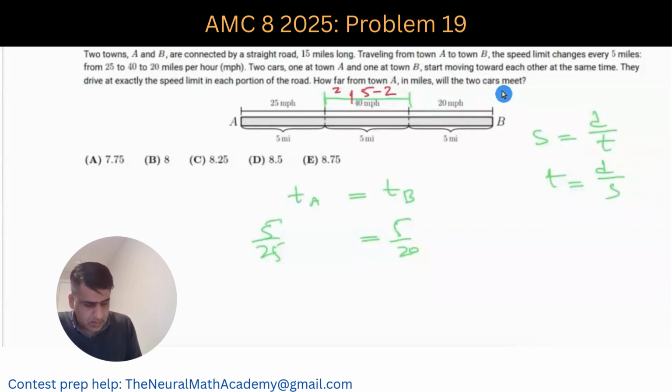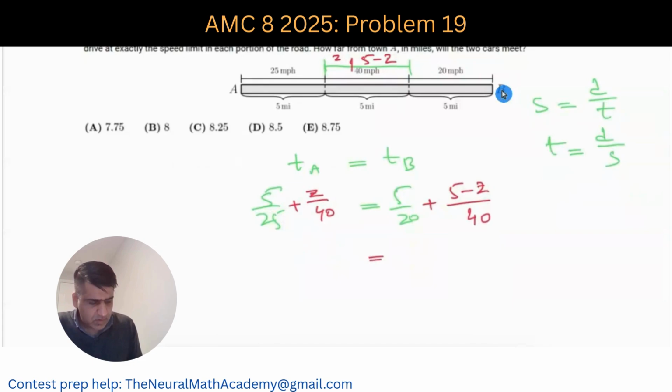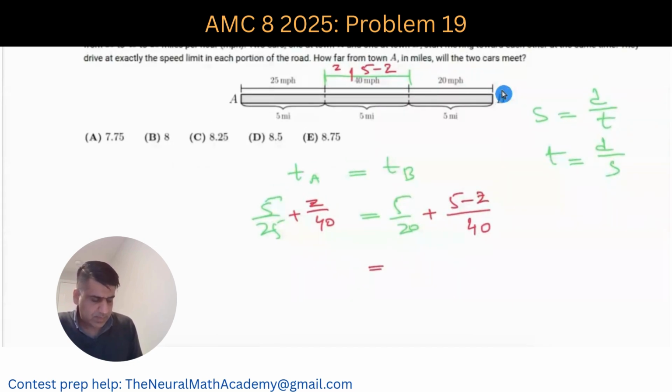So now we can add here that the distance is Z/40, and here we can say plus 5 minus Z/40. After that, all I have to do is solve for Z.